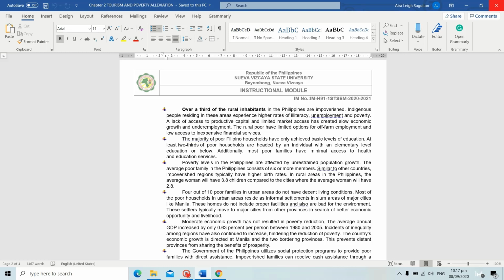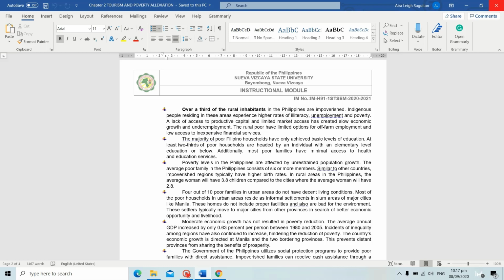So, ganun ang nangyayari dito sa Philippines. And hindi lang naman sa Pilipinas. Other impoverished regions also. In rural areas in the Philippines, the average woman will have 3.8 children compared to the cities where the average woman will have 2.8 only.